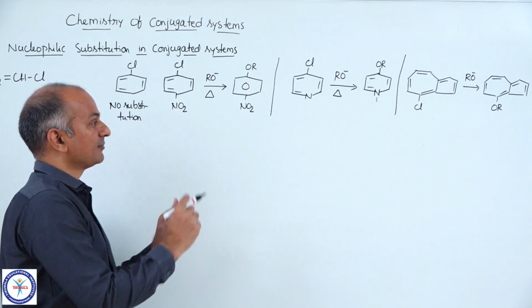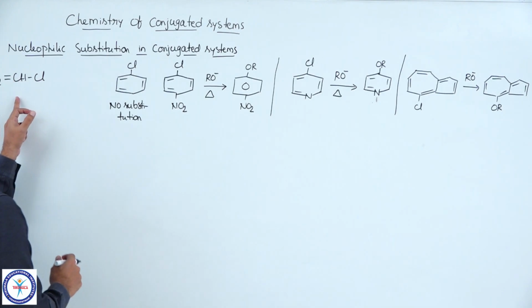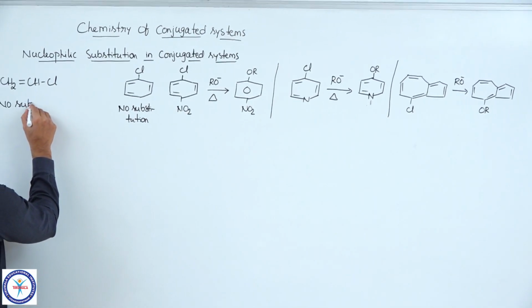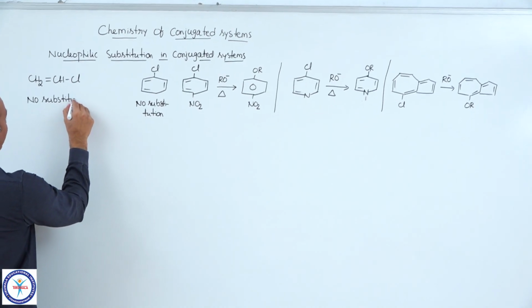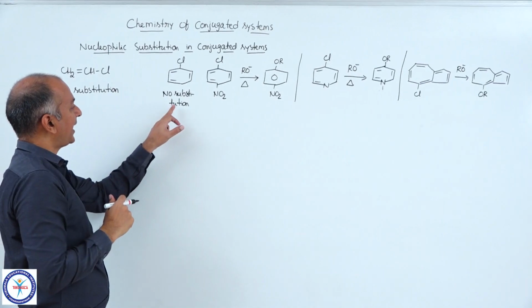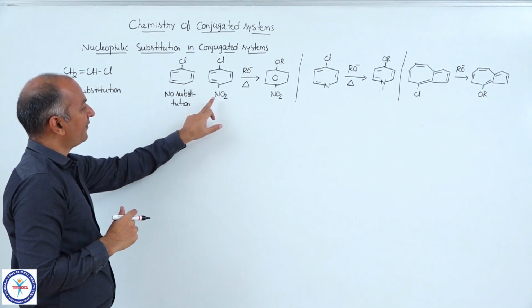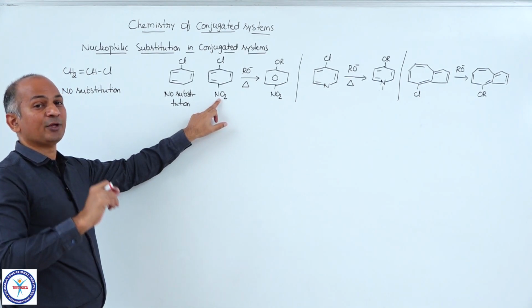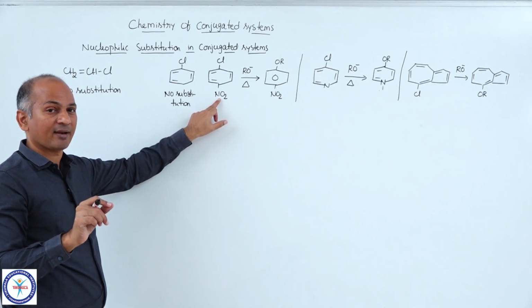So that is the mechanism. Now, if you come to vinyl chloride, here also there is no substitution. Okay. Actually, in aryl halides, whenever an electron withdrawing group is attached, we can make nucleophilic substitution happen.